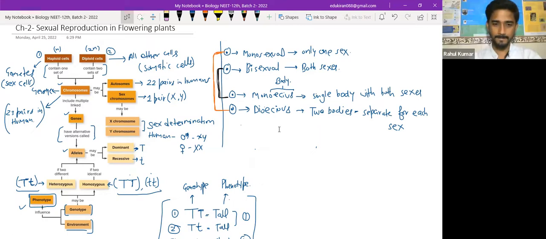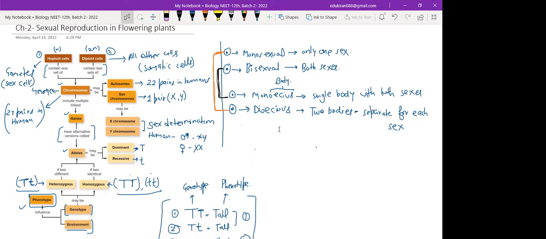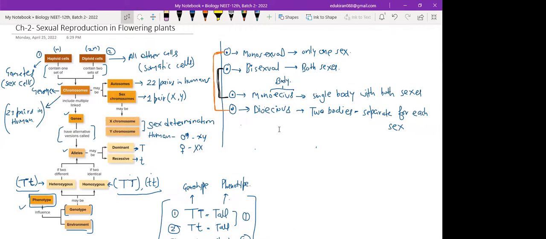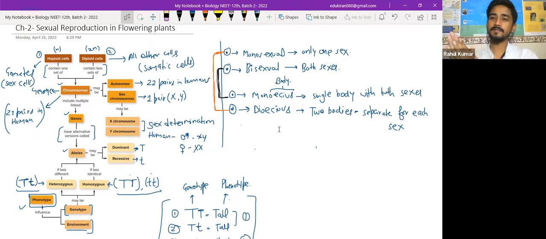Then genes. Genes are actually a part of the DNA itself, right? A region in the DNA. Remember we discussed the open reading frame in the first chapter, from where a gene starts and where a gene ends, right?